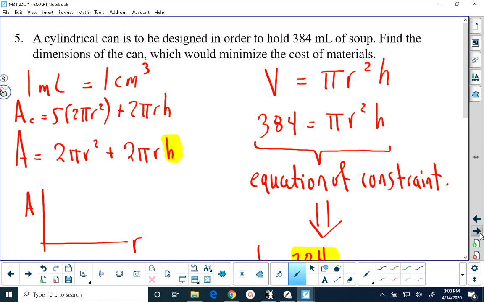What you would be doing is multiplying the term that takes into account the area of the top and the bottom by 5, because the top and the bottom material is 5 times more expensive than the material used for the side. So you might need to use that for the assignment that you're going to be getting shortly.